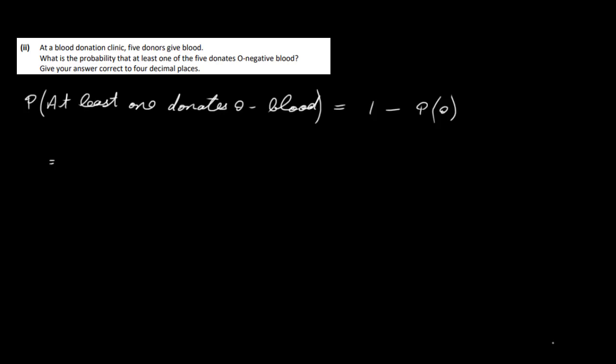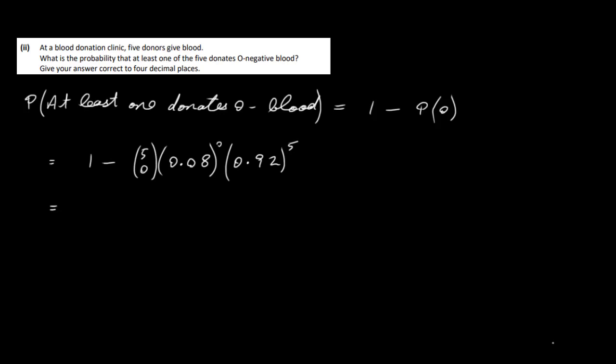So let's have a look at that then. That's going to be 1 minus, we're going to do 5 choose 0. No one is donating O negative blood. The probability of having O negative blood is 8%, so that's 0.08, and that's going to be to the power of 0. And then you've got the probability that you don't have O negative blood. That's going to be 0.92, and that's to the power of 5 minus 0, or just 5.